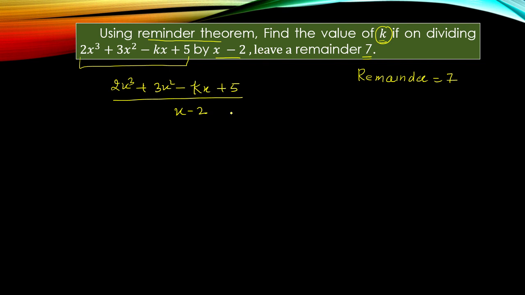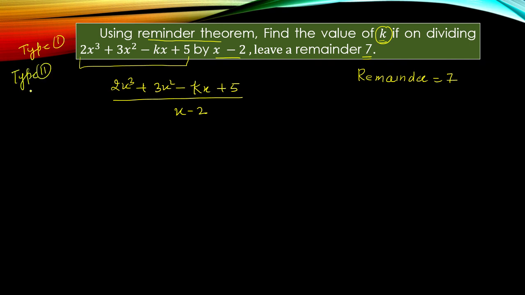There are two types of questions. Type 1 questions are very simple, where dividend and divisor are given and we get the remainder only. Get the 0 of the divisor, put it into the dividend, and ultimately you will get the remainder. This is not a type 1 question, this is a type 2 question.